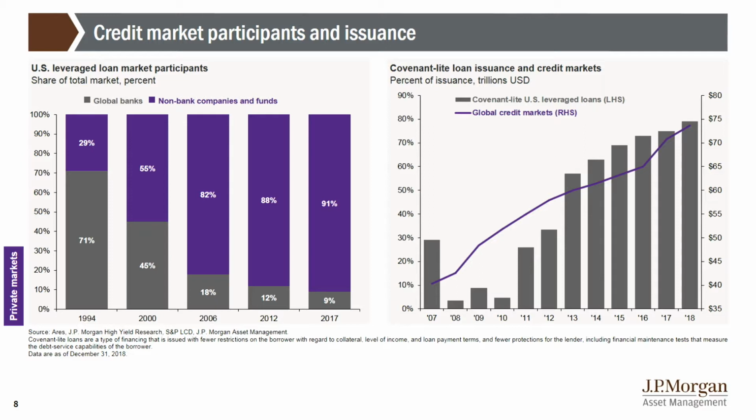And as the structure of this market has changed, what we've noticed is a deterioration in the underlying credit quality of the loans that are being extended. And the chart on the right-hand side here, those gray bars represent the share of covenant-light loan issuance each year back to 2007. You can see in 2018, approximately 80% of leverage loan issuance last year was cov-light.